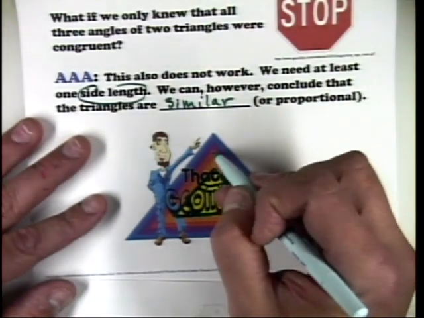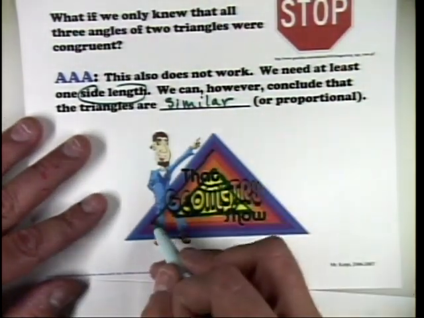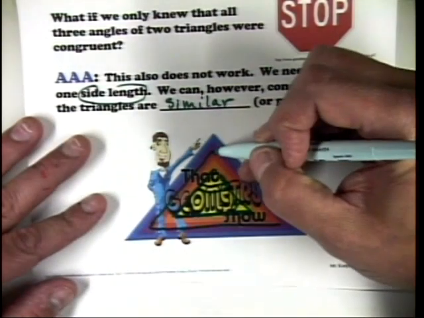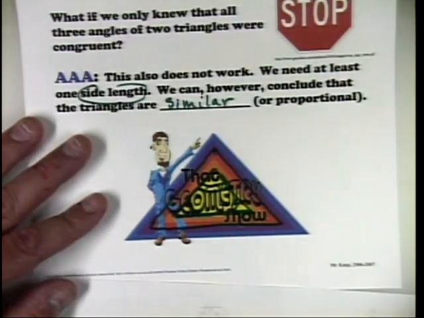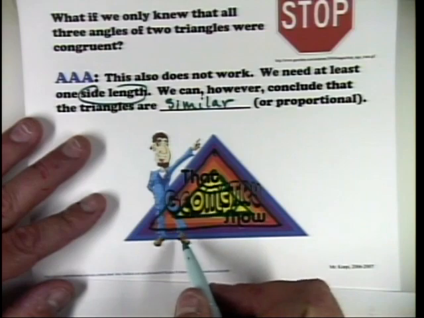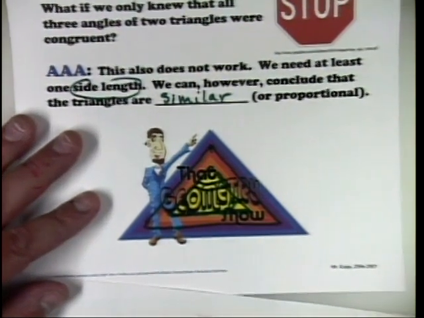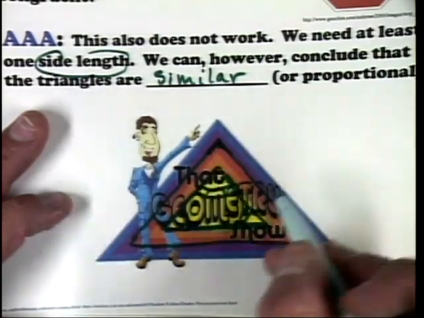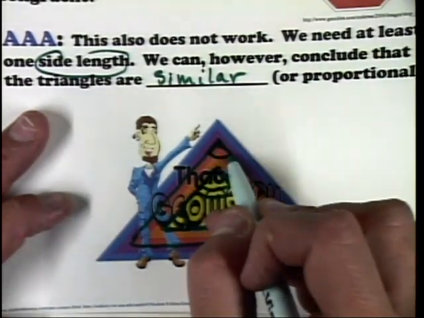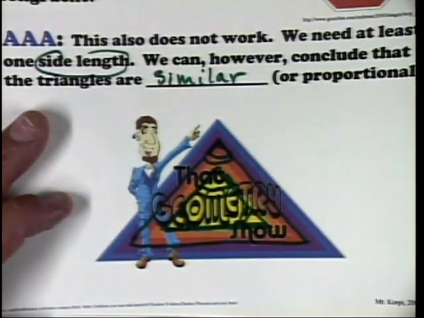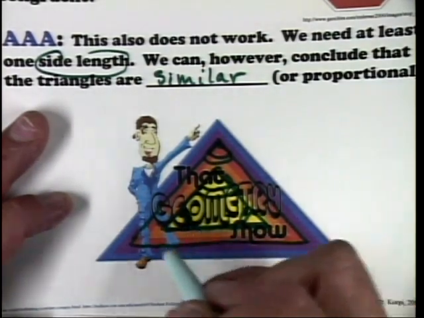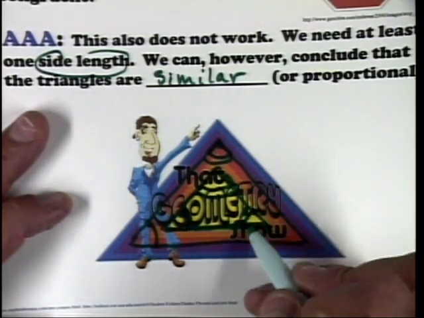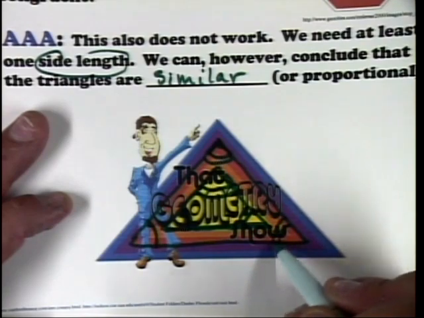Well, look at this other triangle that's outside of it right here. It's a little bit bigger. These two triangles that I've outlined are actually proportional. They are similar to each other because this angle here of this bigger triangle is going to be congruent to this angle of the smaller one, and this angle here is going to be congruent to this angle, and this angle here is going to be congruent to that one.